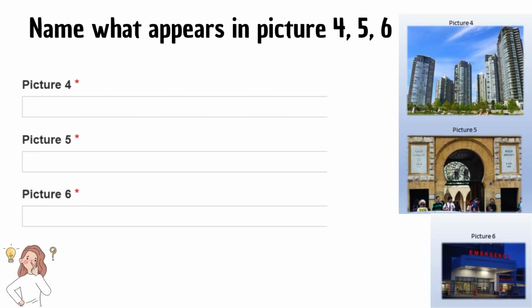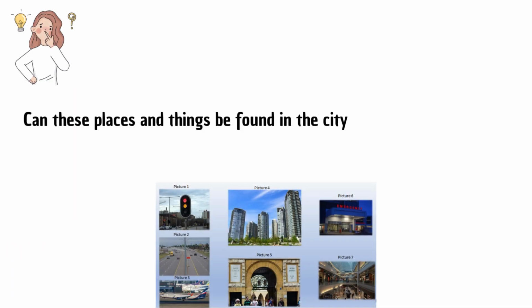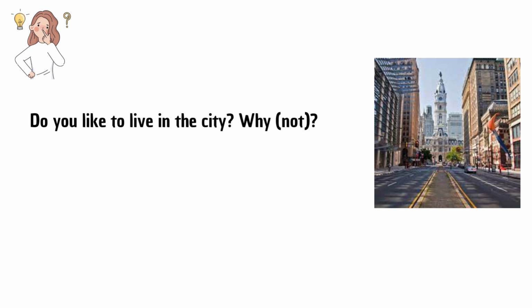Name what appears in picture 4, 5, 6. Can these places and things be found in the city or in the countryside? Do you like to live in the city? Why not?